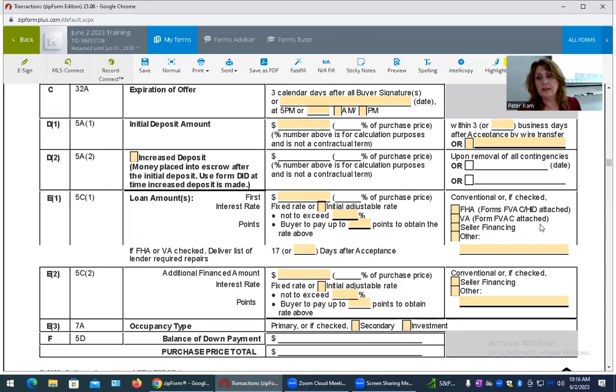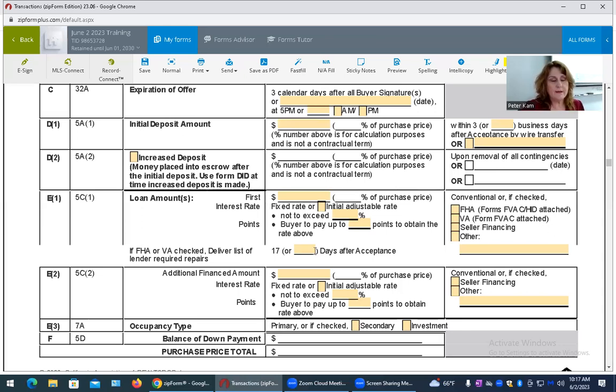So as a listing agent, let's say the offer came in, always remember, if you're going to counter it up on these FHA VAs, make sure that you attach a new FVAC with the new amount on that form, because when they presented you with the original offer, it may be a lower price. Let's match what you're countering, bring that into your counter offer and have them re-sign it and delete the other one, okay? So you just want to make sure of that.